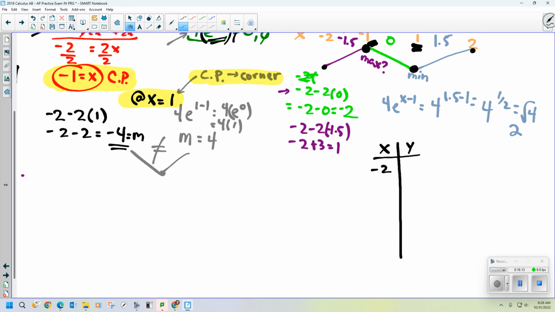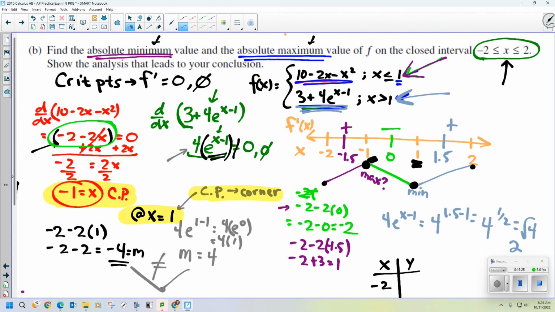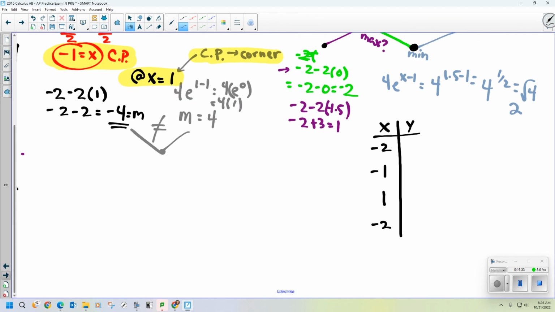We're going to check the endpoints, and then our possible max and our possible min. Anything where x is less than or equal to 1, I've got to go back to the original. So for these three, I'm going to use 10 minus 2x minus x squared. For this one, I would use 3 plus 4e to the x minus 1.